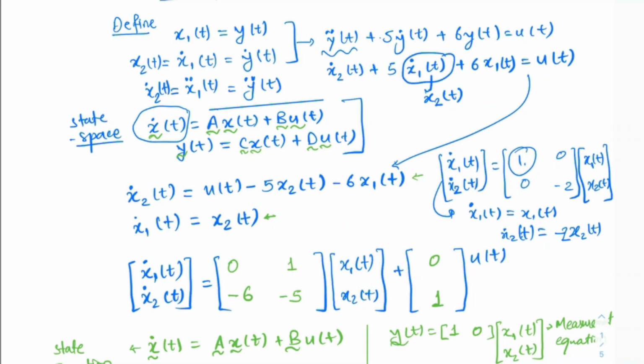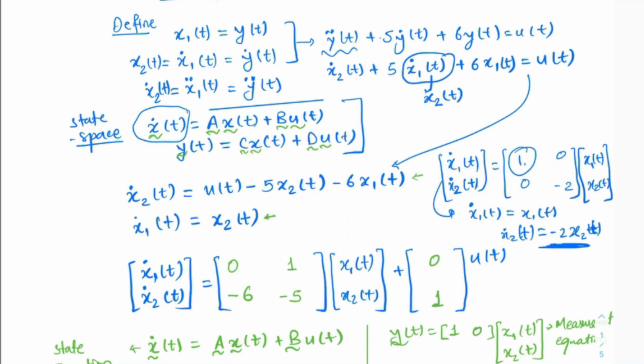So here, since you have a negative, minus x2, this would be a stable system, right?